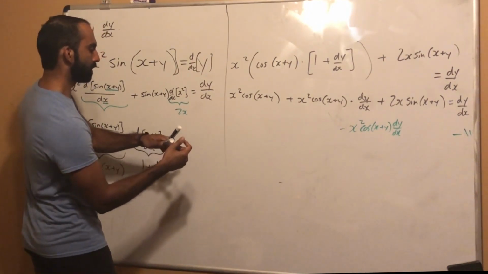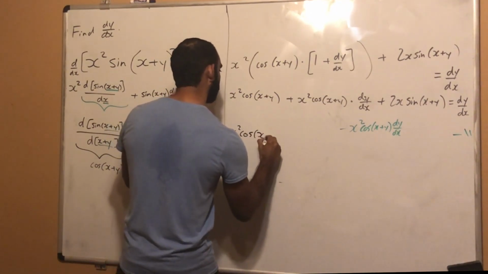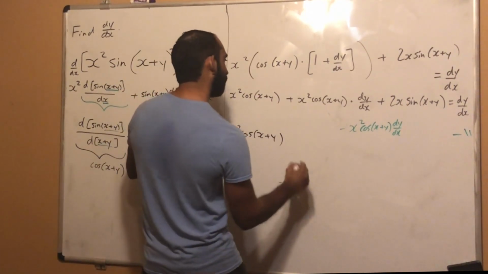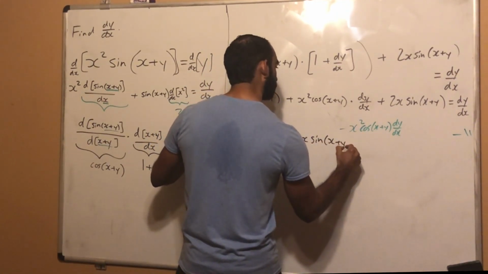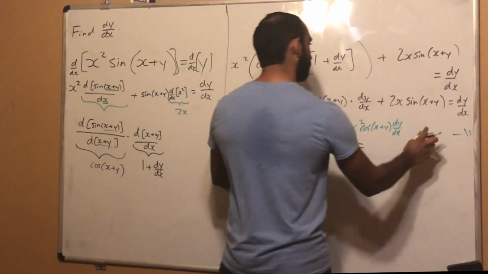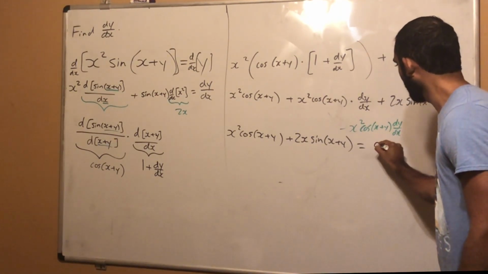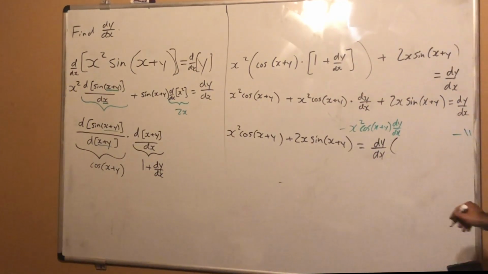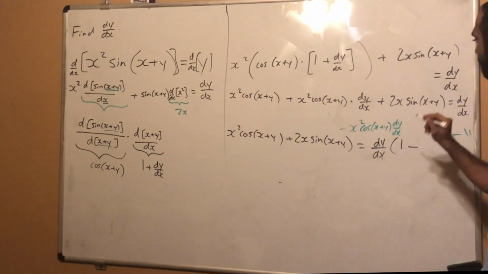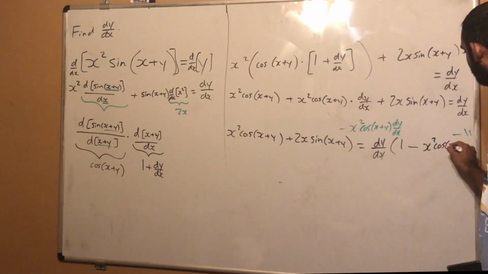So, x squared cos, 2x sine equals dy over dx minus all this, right? If I want, I can factor out the dy over dx on the right side. And I get 1 minus what? X squared cos of x plus y.